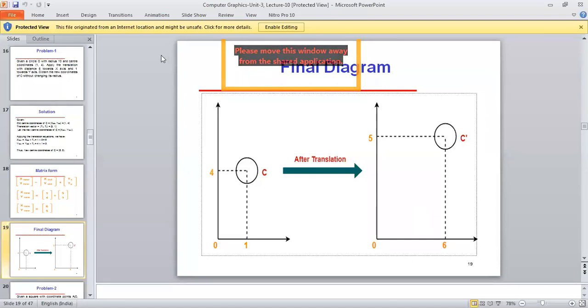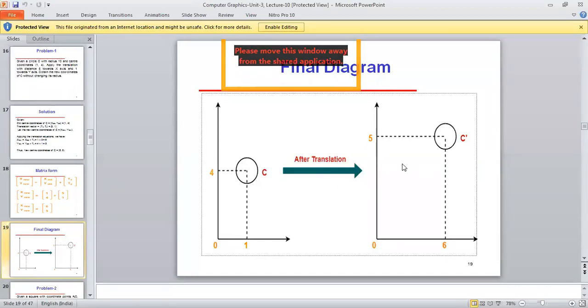Now you can solve such type of problems. Suppose you have the initial point, and you are already aware of the translation, that is the movement of the object. Then you have to calculate the final coordinates, and with the help of the initial coordinates, you have to draw the initial figure, and then after translation you can draw the final figure.